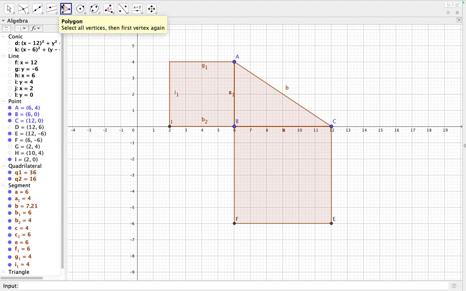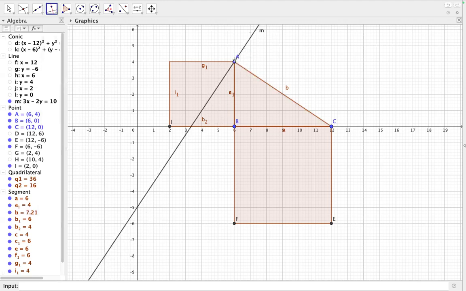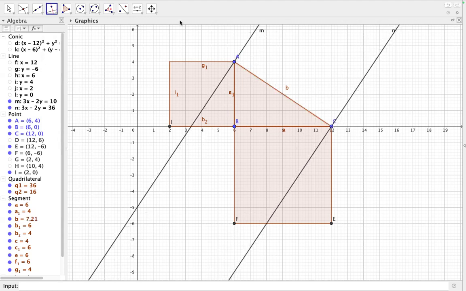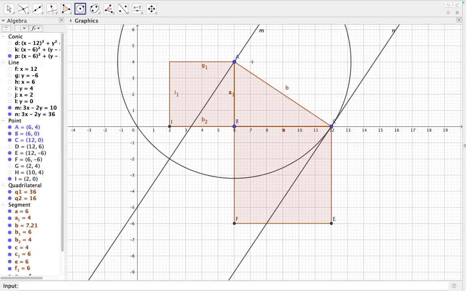Just like we did for the other ones, we will use the perpendicular line tool and find the line perpendicular to this at this point, and perpendicular to this line at this point as well. Then using our circle tool, we can draw a circle this big.